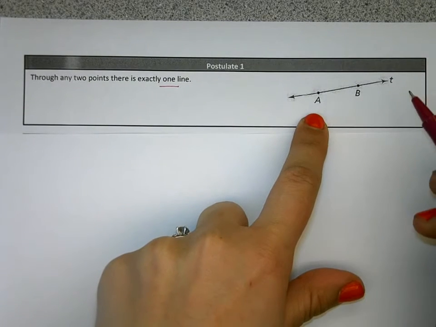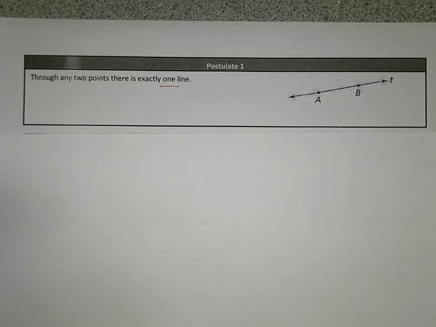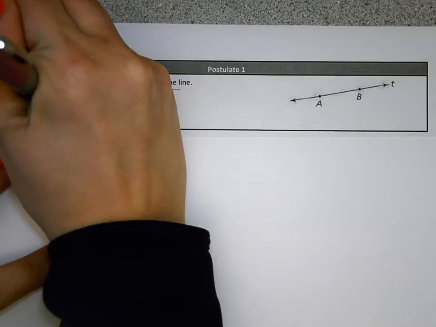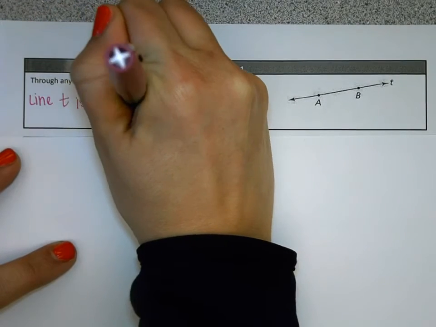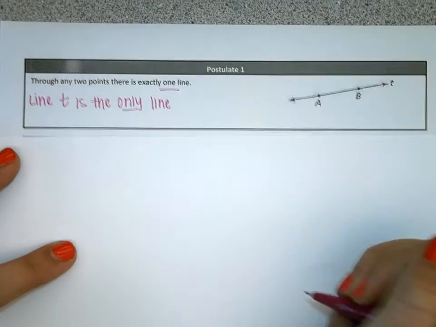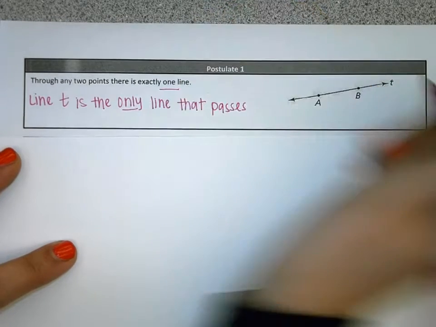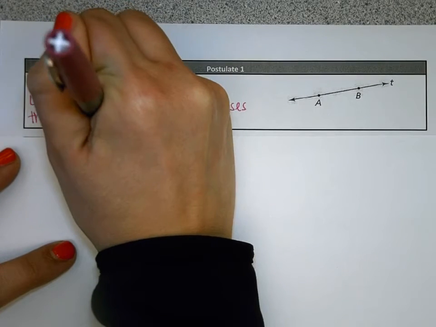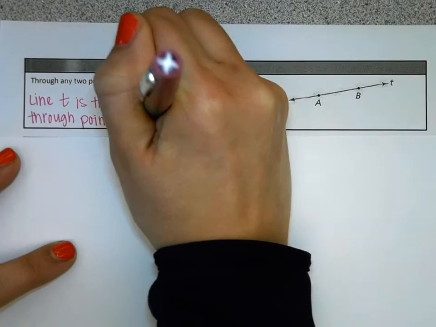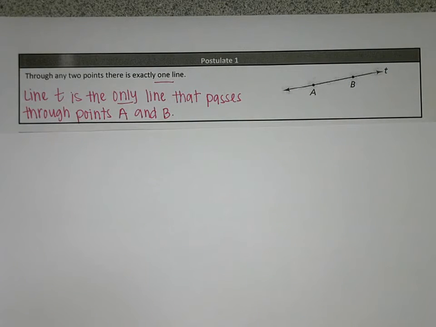We can also say the converse, going the opposite direction, that line T is the only line that passes through points A and B. So through any 2 points there is one unique line.